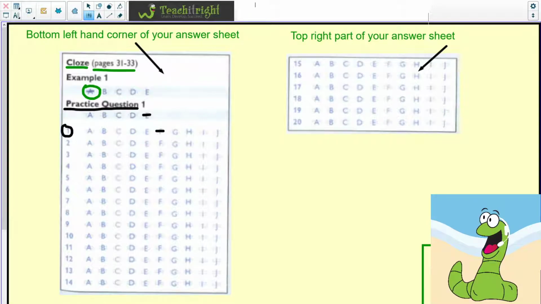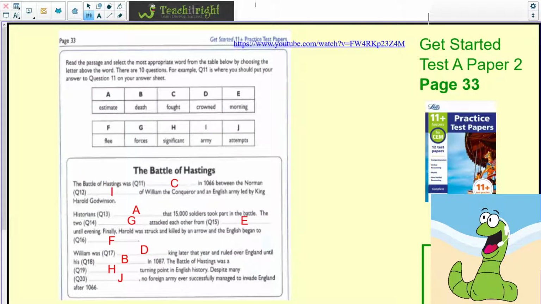So hopefully you've been able to do both parts of the closed passage. I have got a link there if you want to watch anything about the Battle of Hastings. So let's just read through the Battle of Hastings here. The Battle of Hastings was something in 1066 between the Norman. Now, the Battle of Hastings is obviously between two countries. It was actually between England and France.